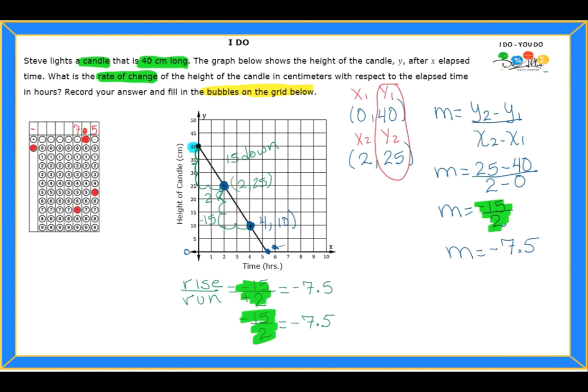Okay, so what I want you to do next, I want you to actually give me a complete sentence of what it means. Many times we work a question, but we don't see what that represents, right? So the y, if you notice on my graph, the y is the centimeters or the height. So I'm going to write down centimeters. And the 2 is the hours.